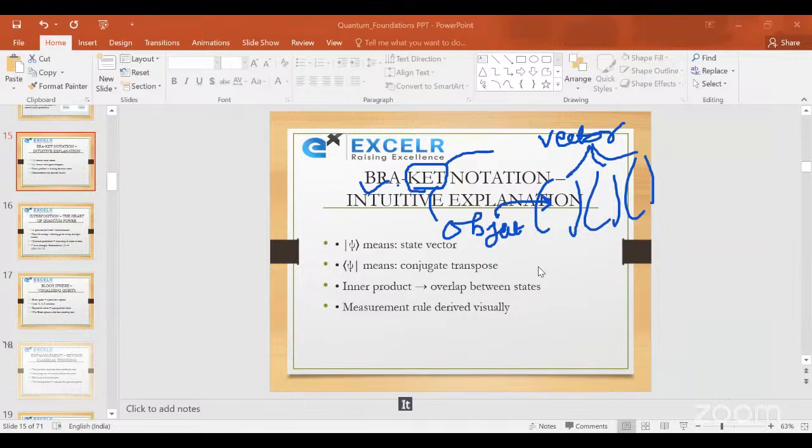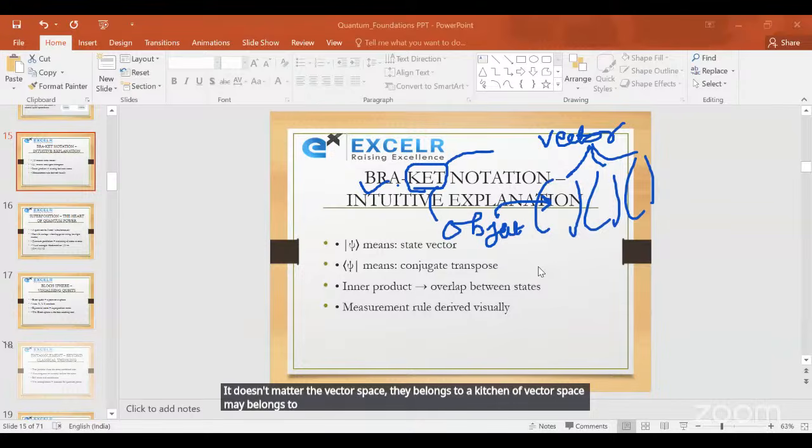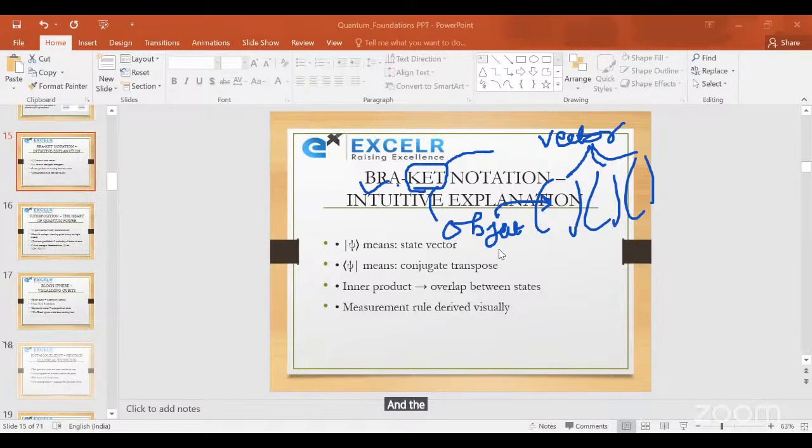It doesn't matter whether the vector space belongs to the kitchen or to your sports ground or whatever. At every sports ground, school or kitchen, you have some components. And secondly, I told you that components should follow multiplication and addition.